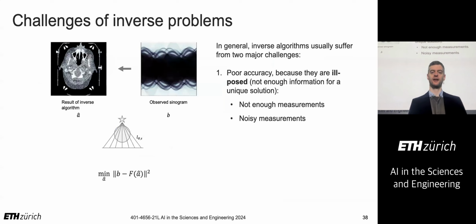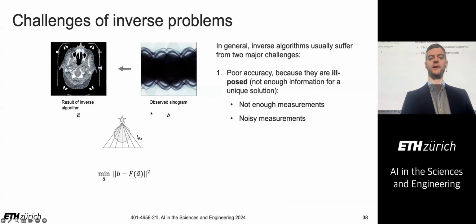So as I was trying to point out, this is actually quite a difficult problem, depending on the number of observations that we have, the number of lines here, and the number of angles that we scan over the media. And this is a general property of inverse problems. This is what makes it really hard to solve inverse problems: there's in general usually not enough information in our observed sinogram to be able to uniquely reconstruct the image.